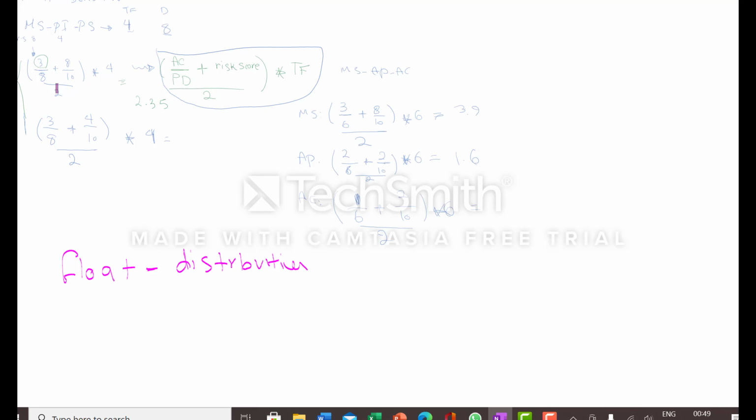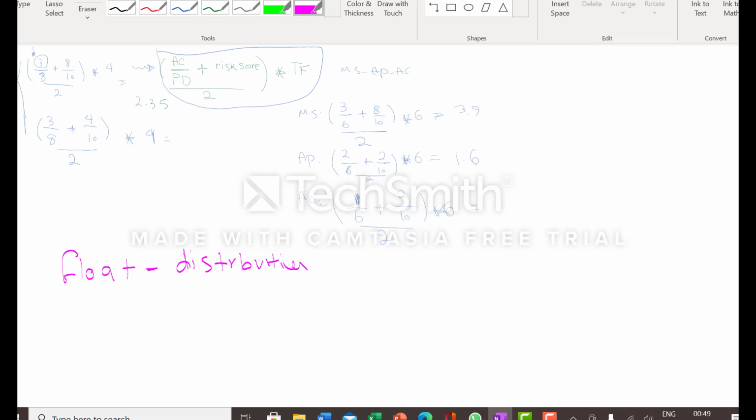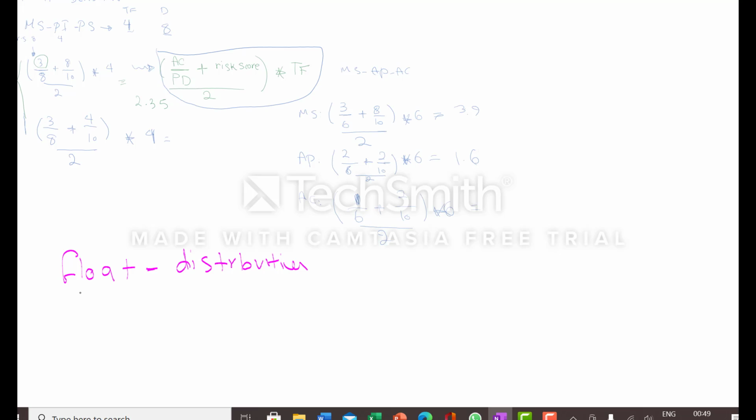So we should compute, for example, for activity MS, the duration is 3 and the total duration of the path is 8 multiplied by the total float and without any risk score. But if we have risk, we should make an average between the duration and risk score.